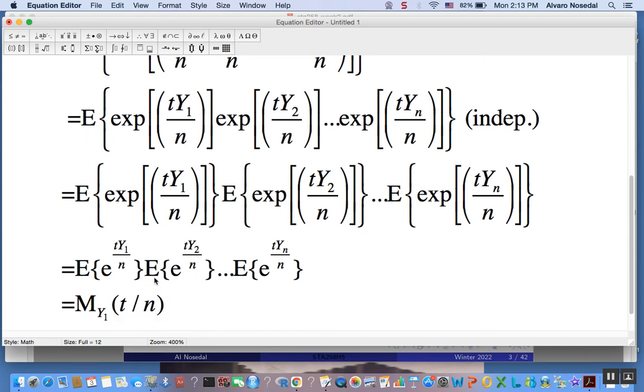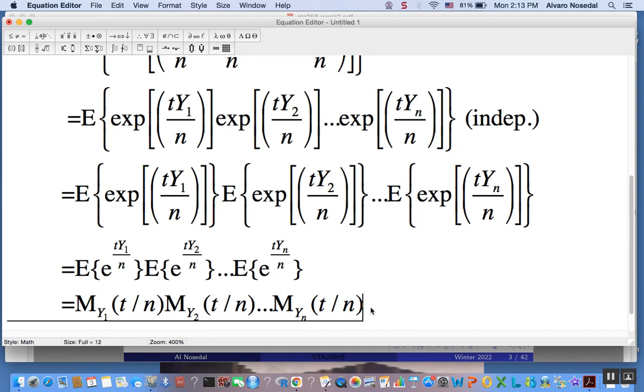Same goes for this one. This would be the MGF of y2, not evaluated at t, but evaluated at t divided by n. So let me copy paste that.